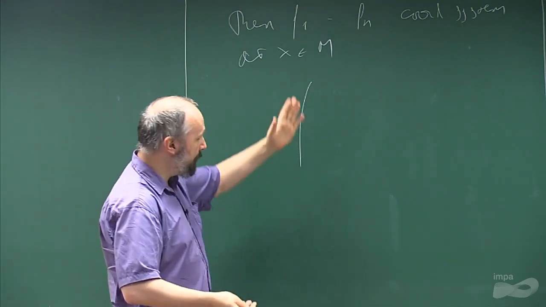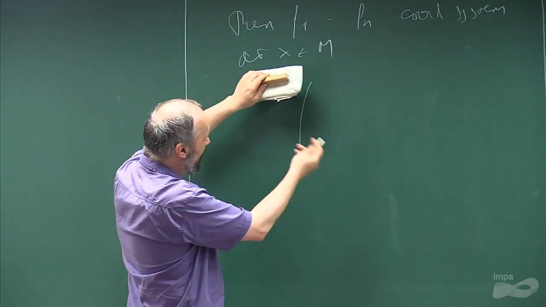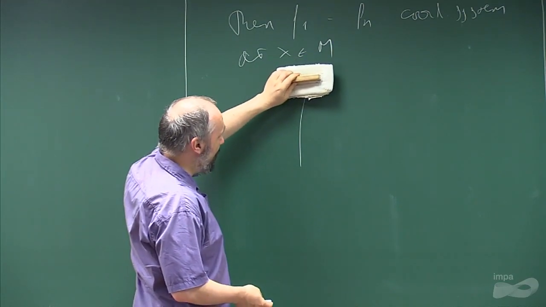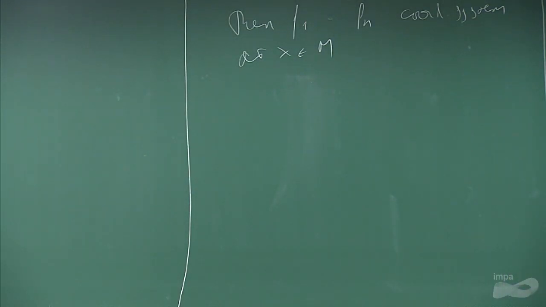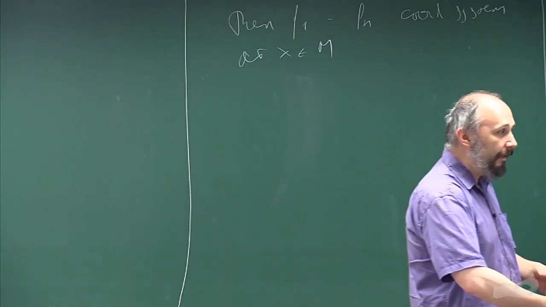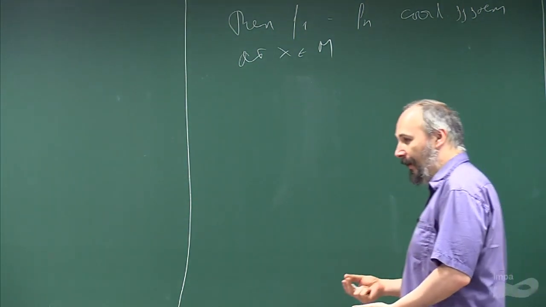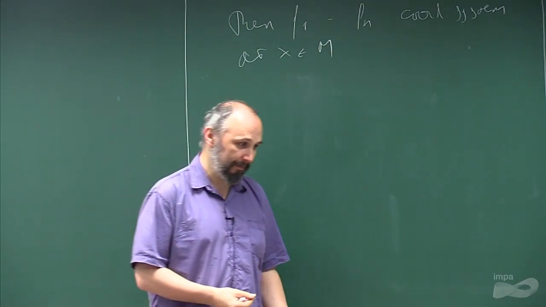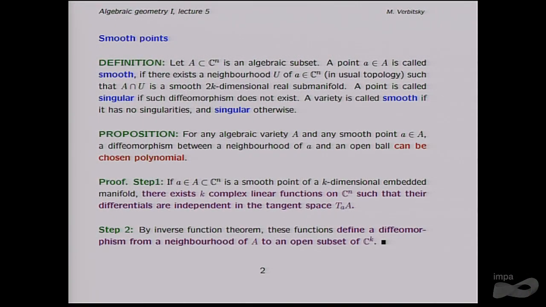So you just take linear functions which are linearly independent and generate the cotangent space to this submanifold. It's not necessary to take linear ones; you can take other ones. In fact, the observation that we can take linear functions is slightly misleading, because you consider your algebraic variety as a subvariety in Cn, but there are different embeddings which give the same subvariety. And of course, linear functions in one embedding will be nonlinear in another.